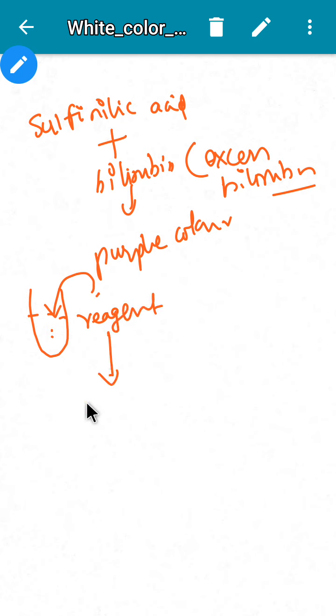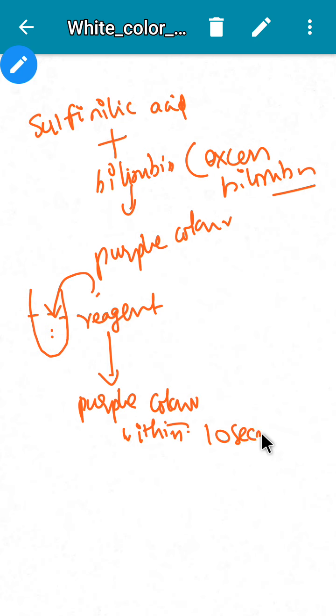If it gives purple color within 30 seconds, then it is conjugated bilirubin.